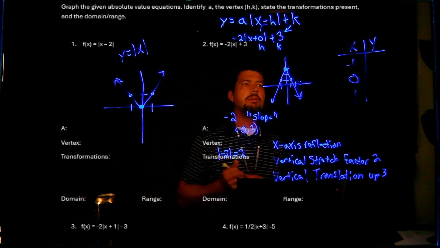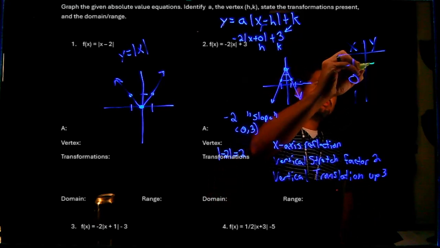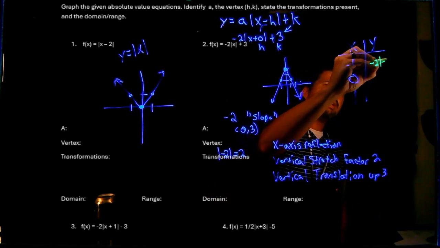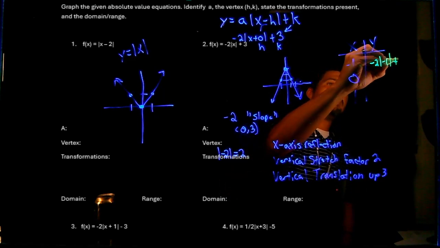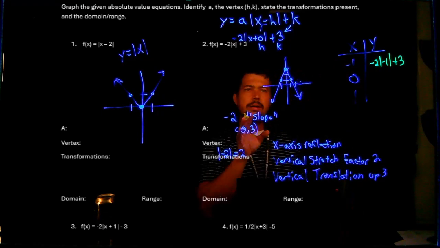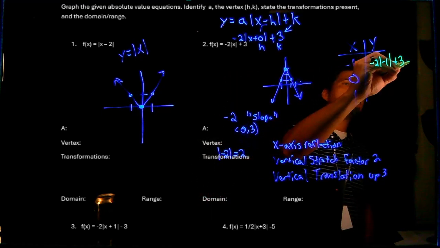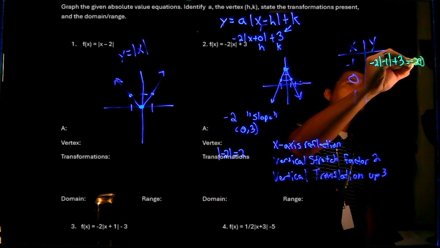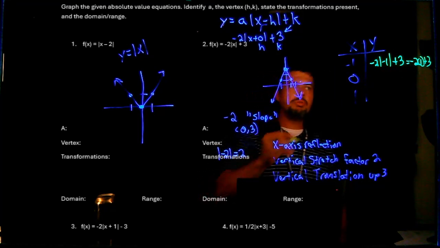So left of 0 is a negative 1, and we'll plug that into the equation. This will become negative 2 times the absolute value of negative 1, add 3. Now, the absolute value of any number on its own is just the number inside. So this becomes negative 2 times 1, add 3. And if we do the math there, don't be surprised at what you get.